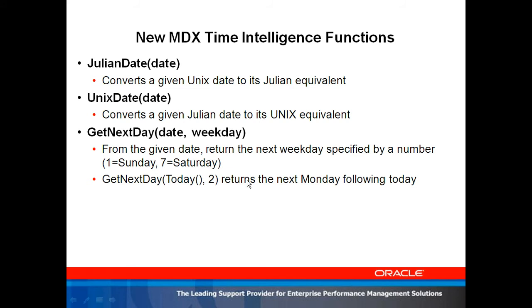So in this example, in the bottom bullet here, I'm using the today function to return today's date. And based upon this number 2, the second argument, that refers to one of the weekdays, Sunday through Saturday. Number 2 happens to refer to the day of Monday, so this function of get next day, today, comma 2, will return the Monday following today's date.